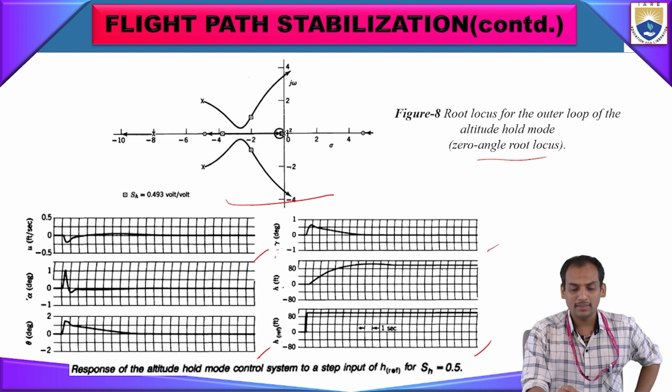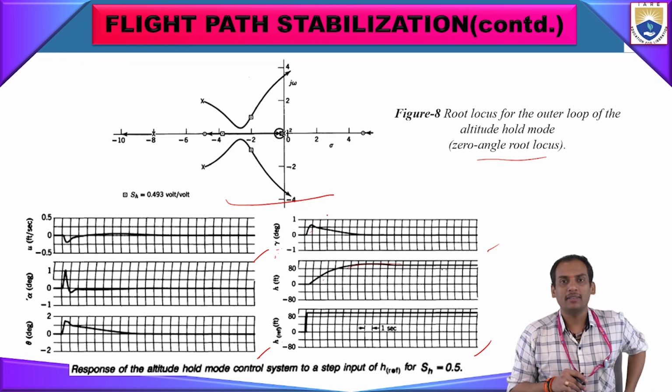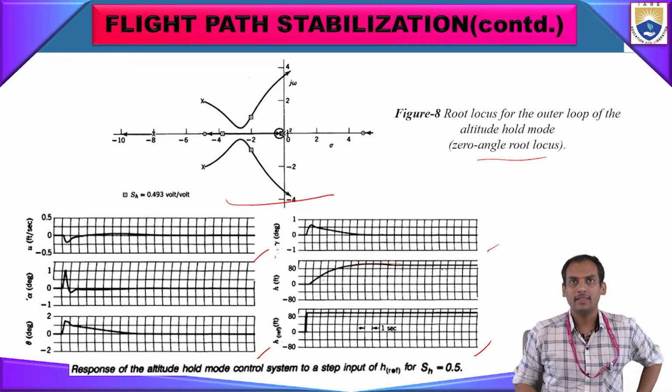But if there is a big change in h, there will be a linear variation, as you can see here. In gamma and h reference, we are getting almost very little damping.